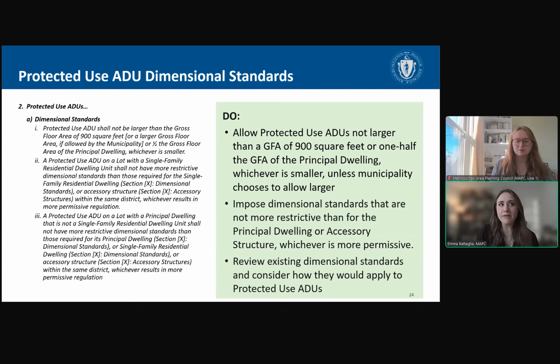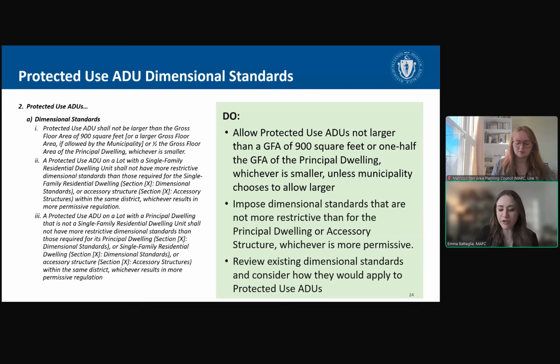If the principal dwelling is allowed up to 2 stories in height, whether or not that's allowed for the accessory structure, that is what would be most permissive in this case. So your ADU would have to allow up to 2 stories. In the same vein, in terms of setback, if your principal structure requires 20 feet of setback, but your accessory structure only requires 10 feet, you would have to go with 10 feet because that is the most permissive.